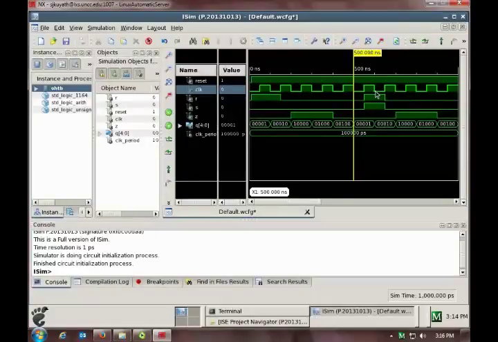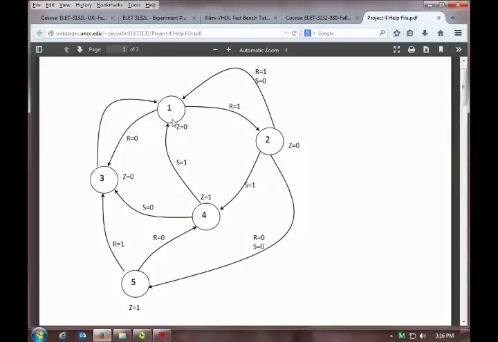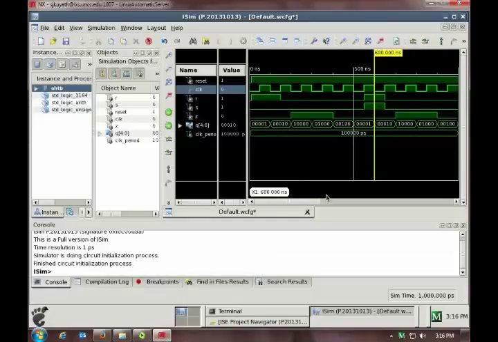And then at this point, both R and S are high. And here's R is 1, so it takes me this way over to 2. And then S is 1, so it takes me over to 2. That's fine.